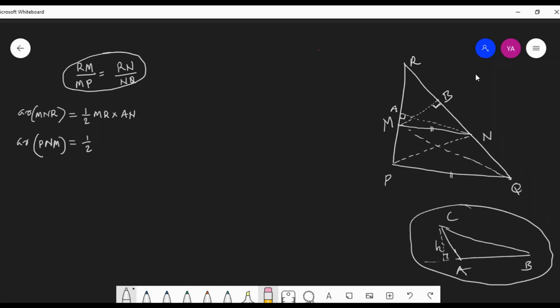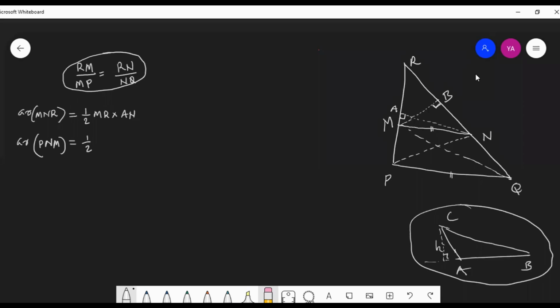Similarly, for triangle PNM, if PM is taken as the base, the height will be AN, because there you can see 90 degrees. The line segment PR is the extended line of line segment PM. So the height of the triangle, if PM is taken as the base, will be line segment AN.